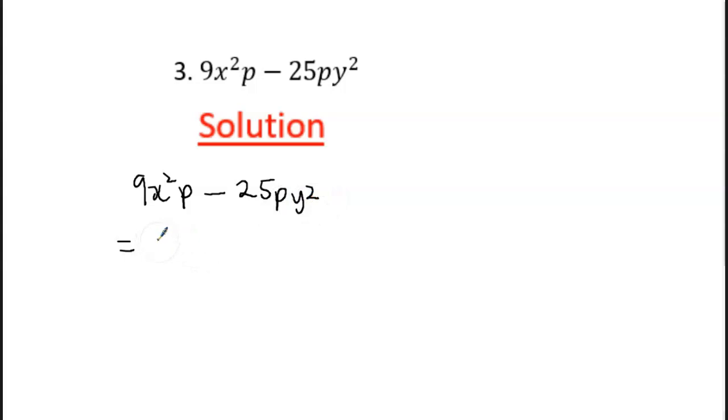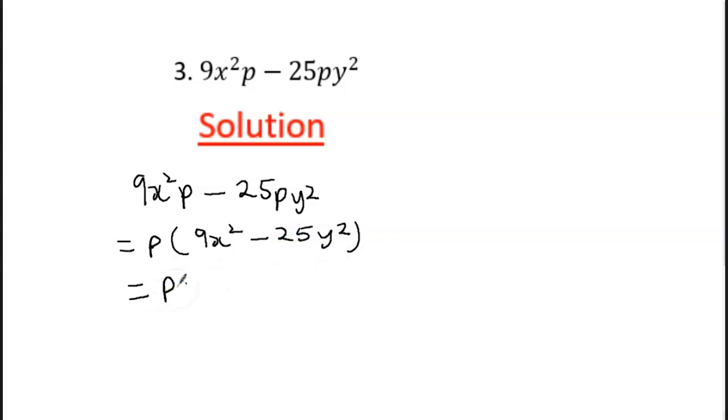So we can bring p out first. Let's bring p out. It's 9x squared minus 25y squared. When it happens this way, the rest are all perfect squares. 9x squared minus 25y squared.